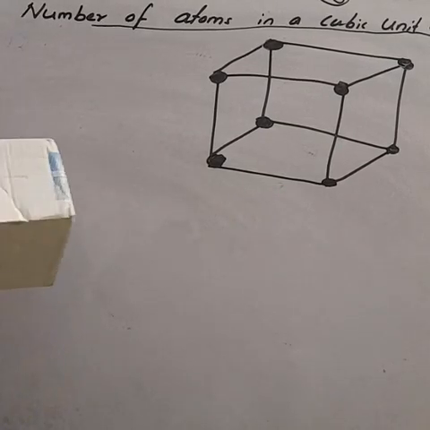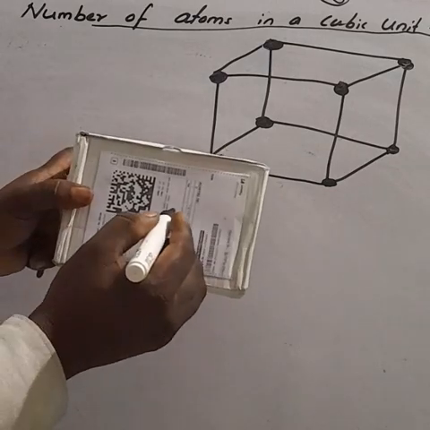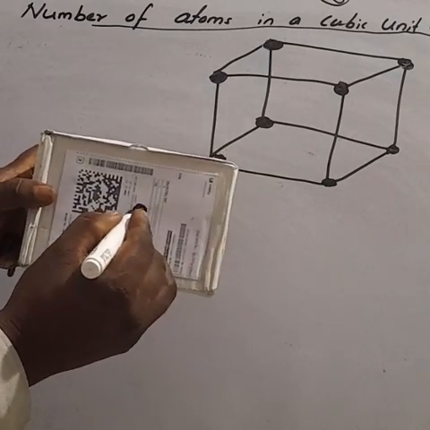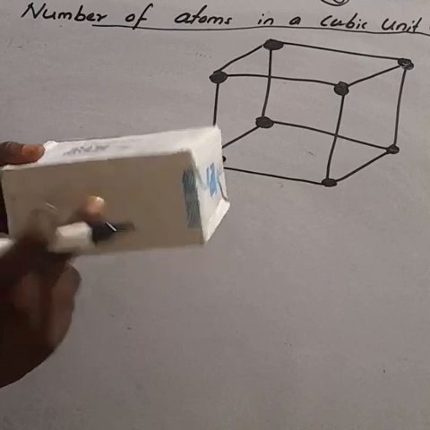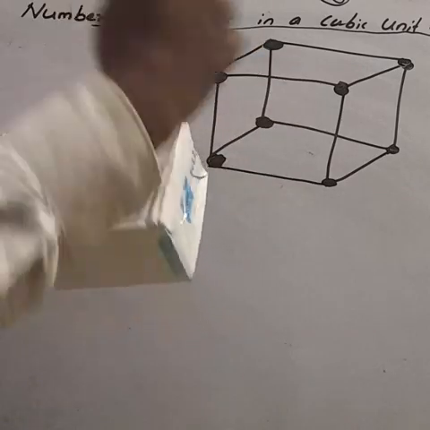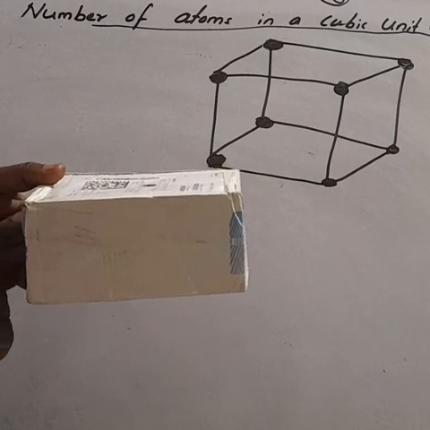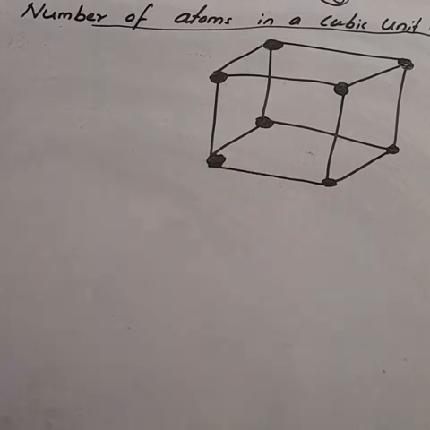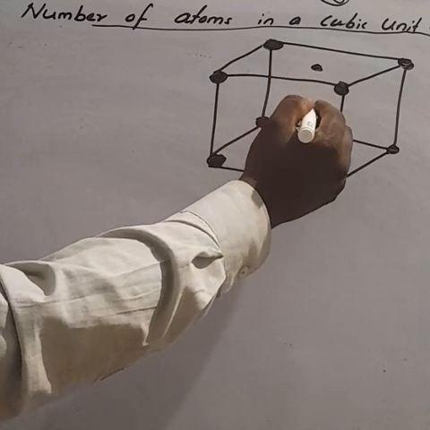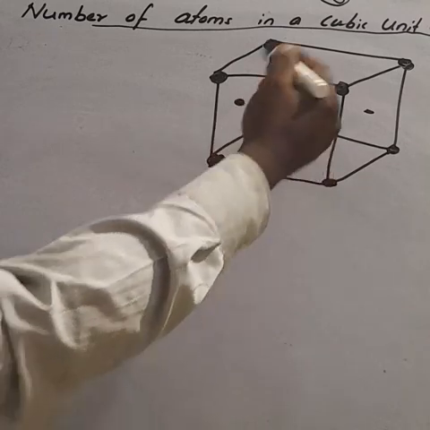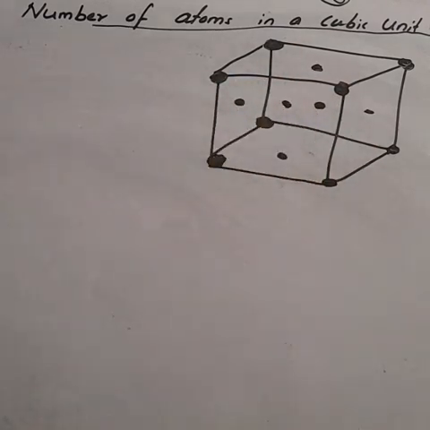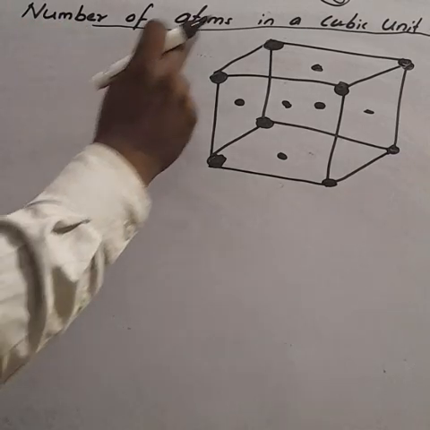Imagine this is one cube. This cube has how many faces? That is my question. 1, 2, 3, 4, 5, 6. Am I right? So I'm marking like that. In a face-centered cubic unit cell, identical atoms lie at the corner.